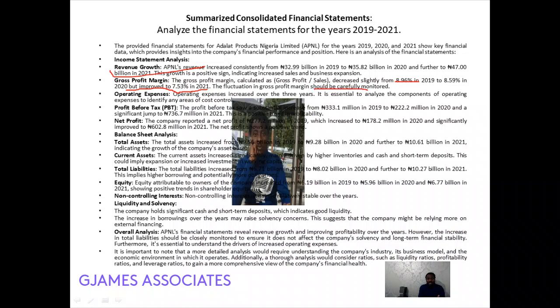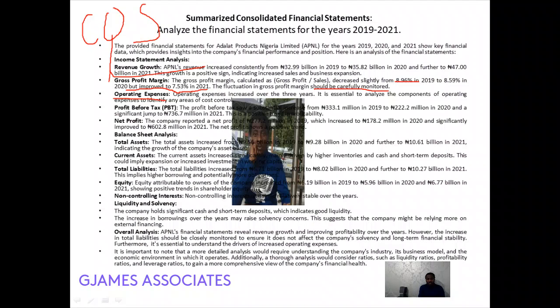Don't forget, monitor it. Know why we have gross profit fluctuation. You see whether the cost of sales is not properly managed or what. Then operating expenses increased over the 3 years.